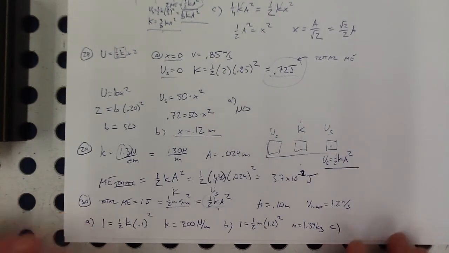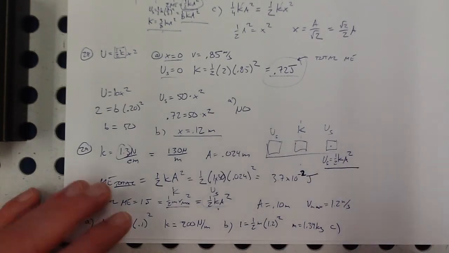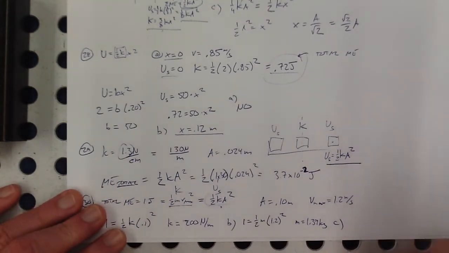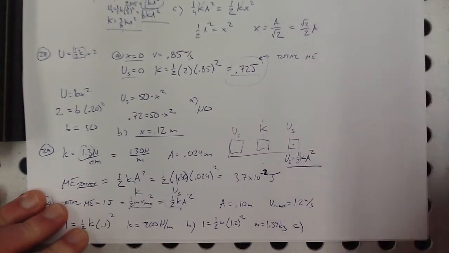And C, the frequency of oscillation. I'm going to find the period, and then I'll flip that over. That'll be equal to the frequency.